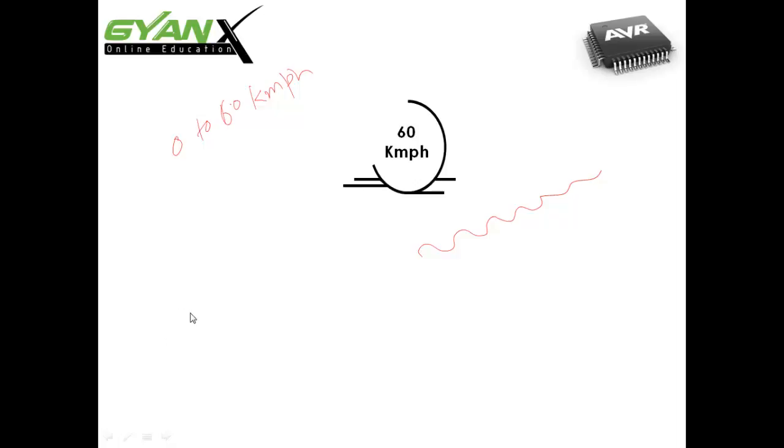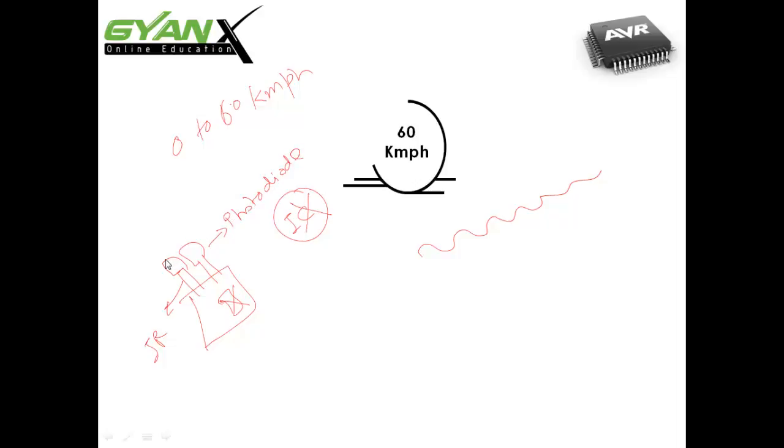Suppose this is our analog sensor, and here is one IR LED, and here is one photodiode. In this analog sensor, there is no IC. We are simply using an IR LED and a photodiode.